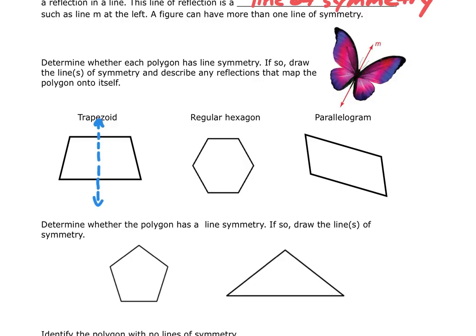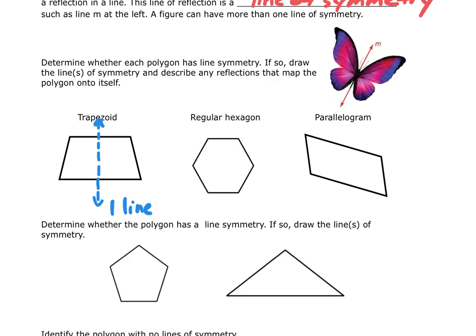We're not going to actually measure it out, but we're going to draw a line right down the middle. This point can reflect over here, and this point can reflect over here. It wouldn't do that if I went this way, because this point would reflect up here and it would not land on the figure. So this one has one line of symmetry.